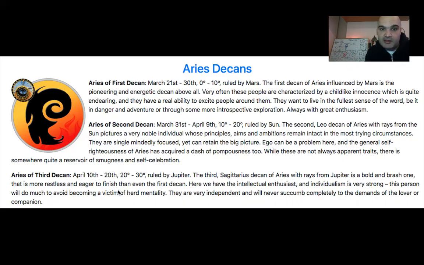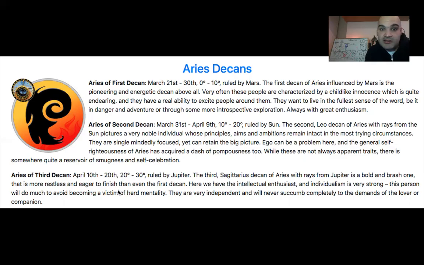Aries of the second decan, March the 31st to April the 9th, from 10 degrees to 20 degrees, and this decan is ruled by the sun. So this would be an Aries Leo. The second Leo decan of Aries, with rays from the sun, pictures a very noble individual whose principles, aims, and ambitions remain intact in the most trying circumstances.